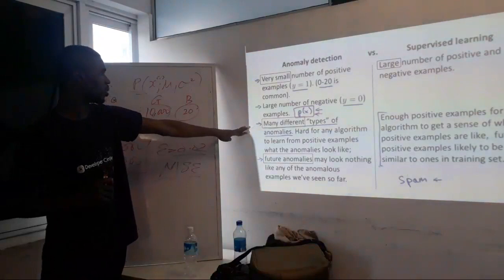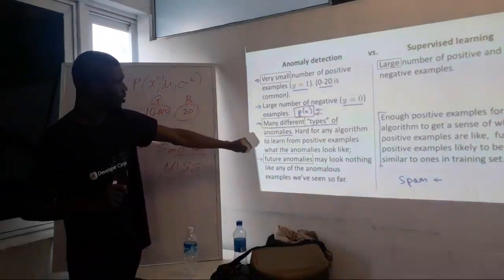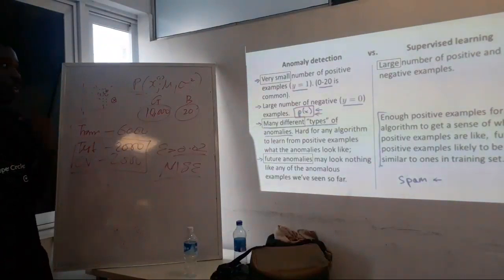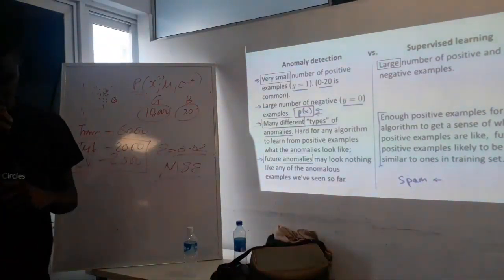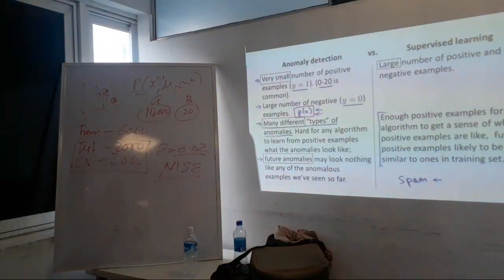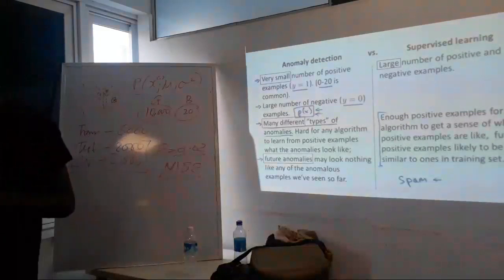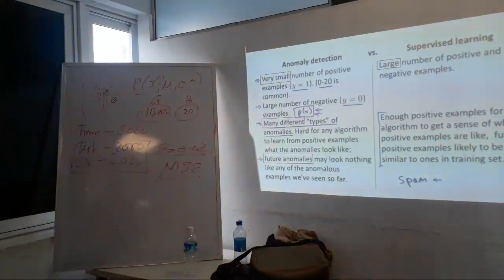Also, when you have many different types of anomaly. We're talking about something like your typing speed, your login, your IP address. Which other stuff can we infer?